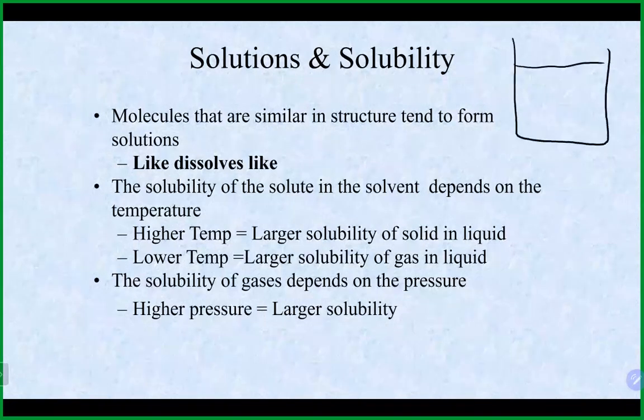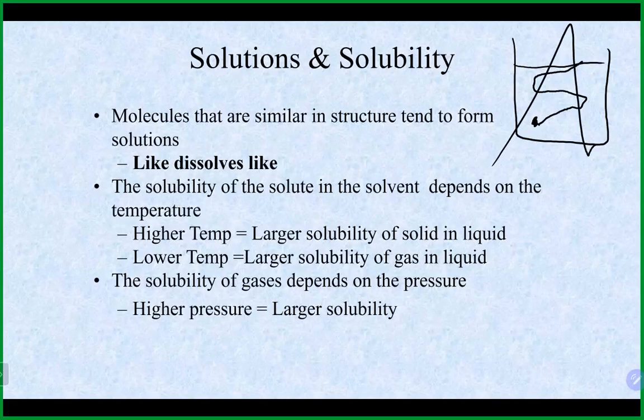Because at a lower temperature, the gas molecules should be moving much slower, right? Which means it's going to stay in the liquid for a much longer time than at a higher temperature, where it would just bounce out of the liquid because it has a lot more energy. So the lower temperature allows the gas molecule to travel in the liquid for a much longer period of time, and it would be much more soluble.